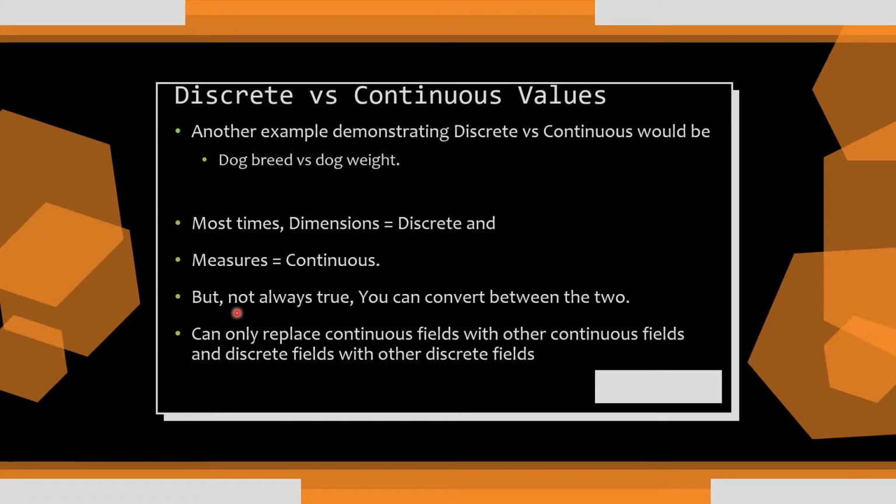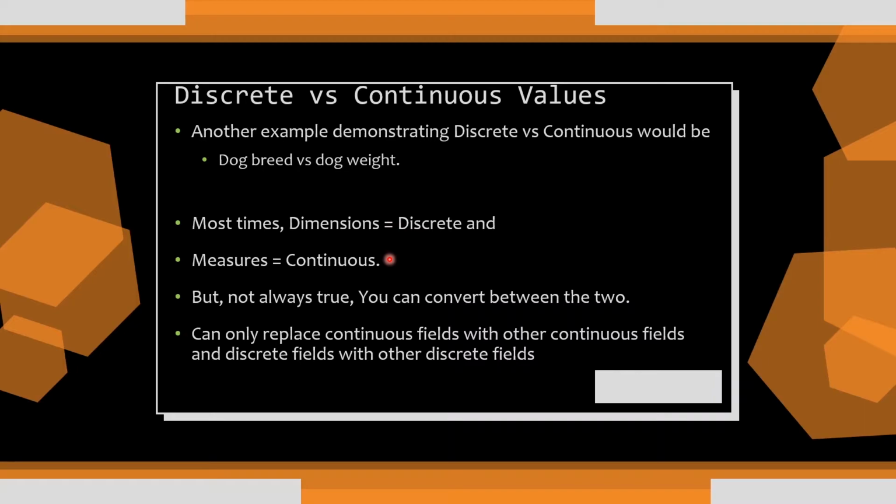Another example demonstrating discrete and continuous values would be dog breed and dog weight. Dog breed is a discrete value, but dog weight is a continuous value. Most times, dimensions are discrete and measures are continuous, but that's not always true. You can convert columns between dimensions and measures.